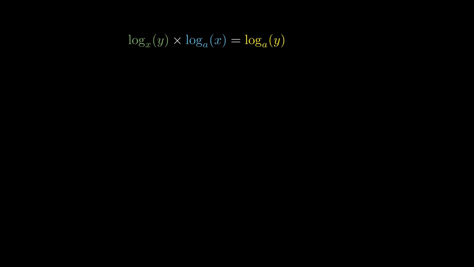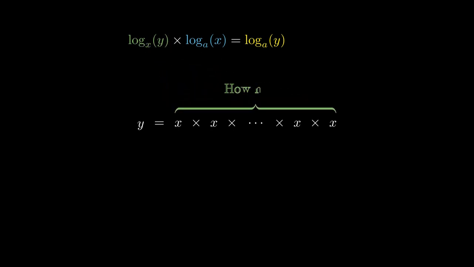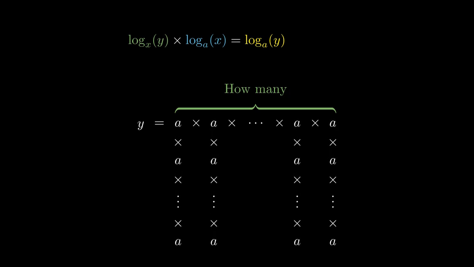If we pretend that y is equal to a bunch of x's multiplied together, then log base x of y tells you how many copies of x the number y is made of. Then presumably, each of these copies of x is made up of a bunch of a's multiplied together, and what log base a of x tells you is exactly how many of these there are, okay, for each copy of x.